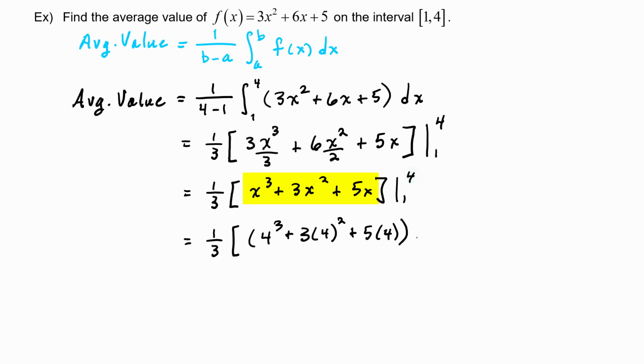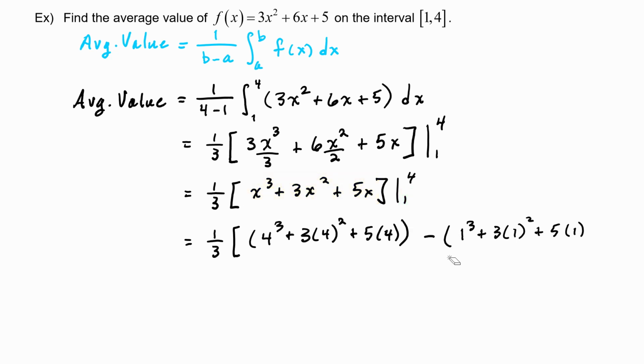And then we have to subtract what we get when we plug the 1 into the entire function again. So 1 to the 3rd plus 3 times 1 squared plus 5 times 1. We have to close this set of parentheses here, and then we have to close the bracket.